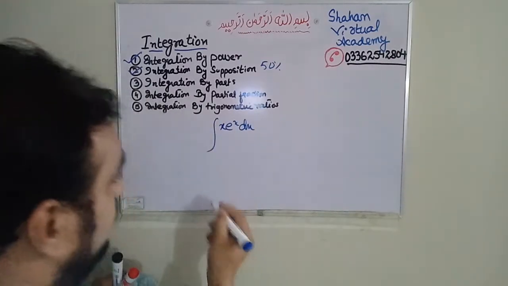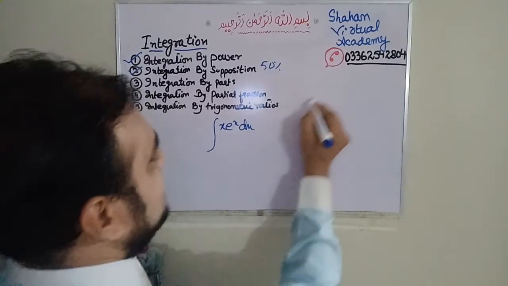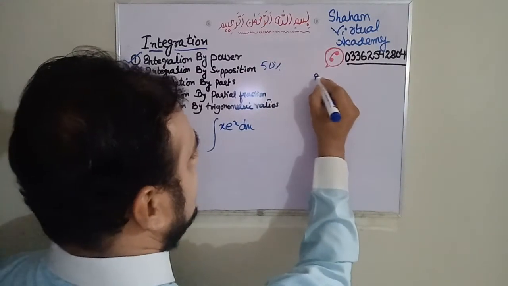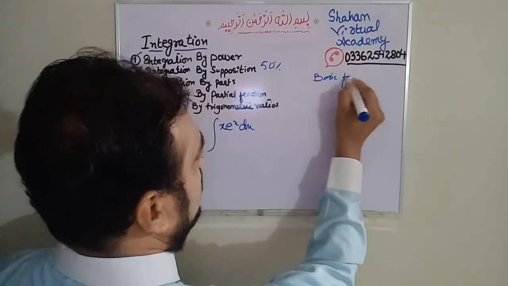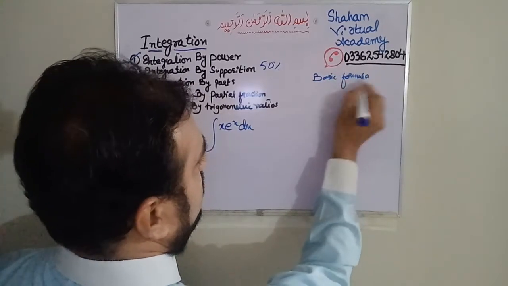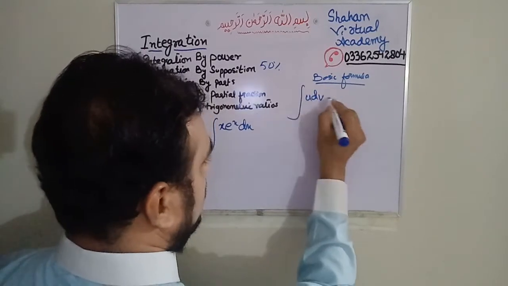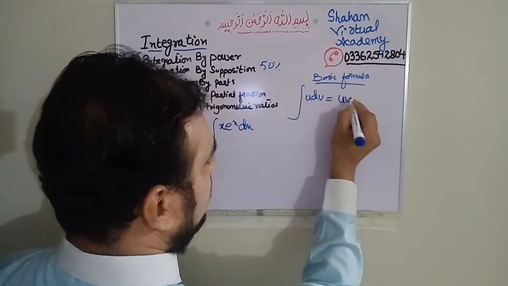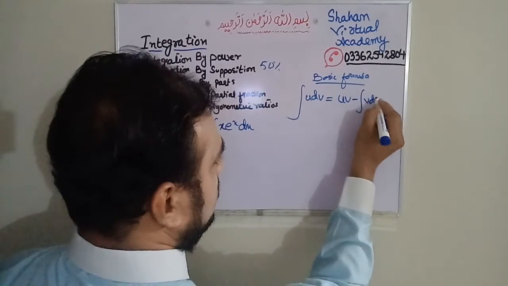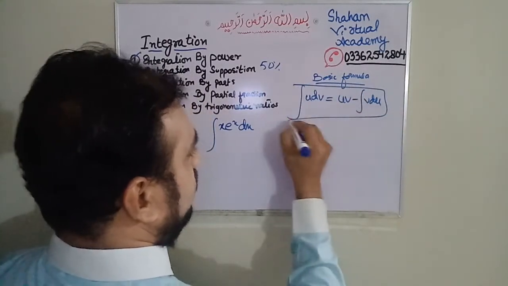So what will you do? It depends on the basic formula: u dv is equal to uv minus the integral of v du. Basic formula of by parts.